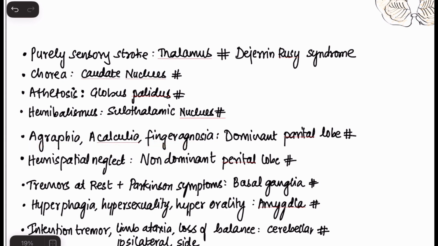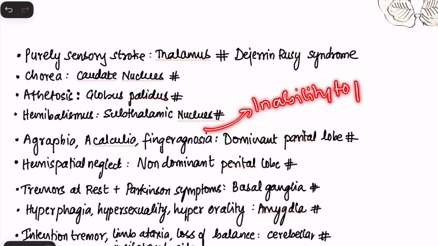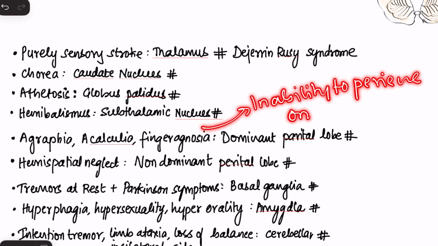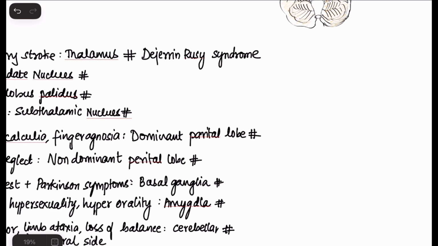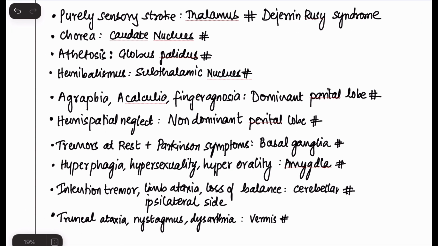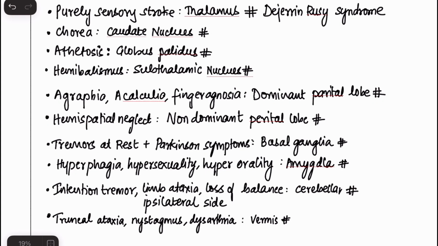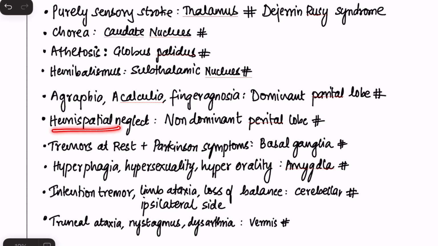Agraphia is the inability to write, acalculia is inability to do math, and finger agnosia is inability to perceive one's own fingers. Right. So that is what finger agnosia is. And if the same MCA of the non-dominant lobe is damaged, you think of hemispatial neglect.